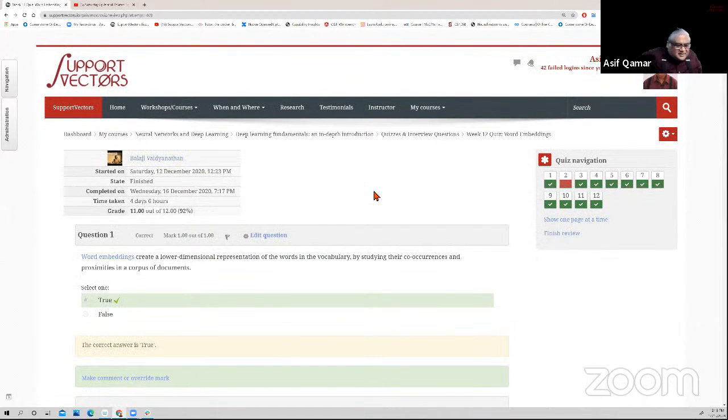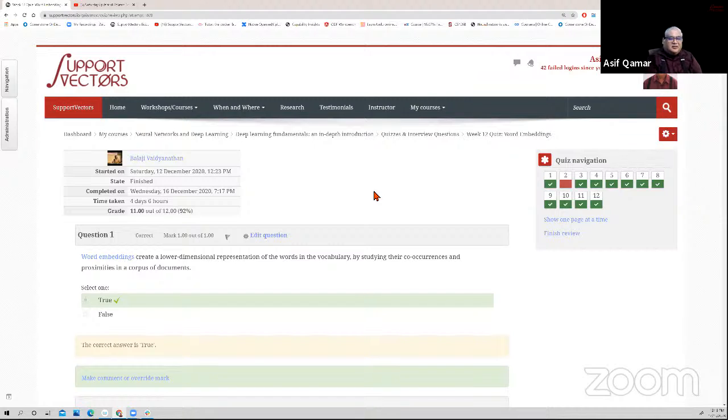All right, guys. So this is the word embeddings quiz. This quiz was staggered in such a way to help you decide whether you have clarity in word embeddings. Word embeddings, we think of it as a simple topic, ultimately what is it? Find a lower dimensional latent representation and more efficient representation of the words in the corpus. Right?